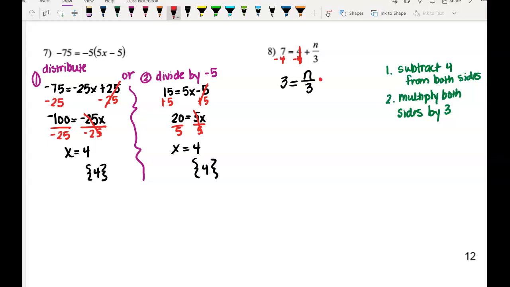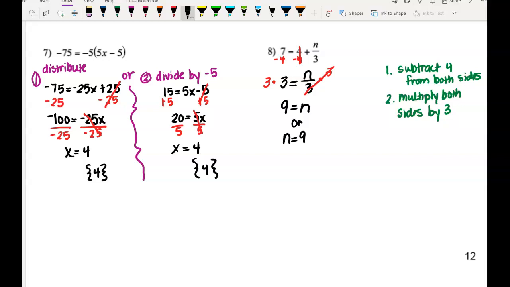So I'm going to multiply by 3 here, which is going to cancel out my denominator, multiply by 3 here. So what is 3 times 3? 9. So I can say 9 equals n, or I can flip that around without changing the meaning and say n equals 9.